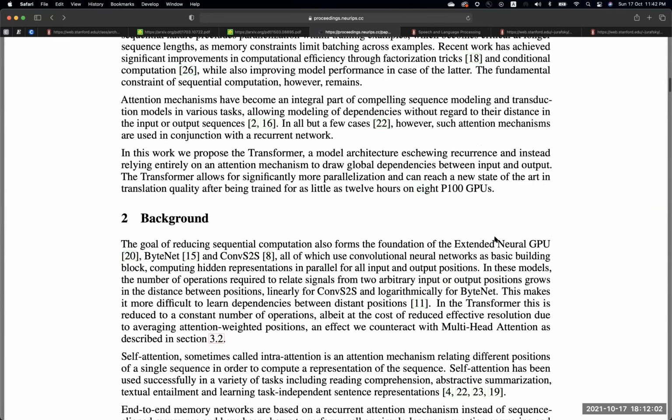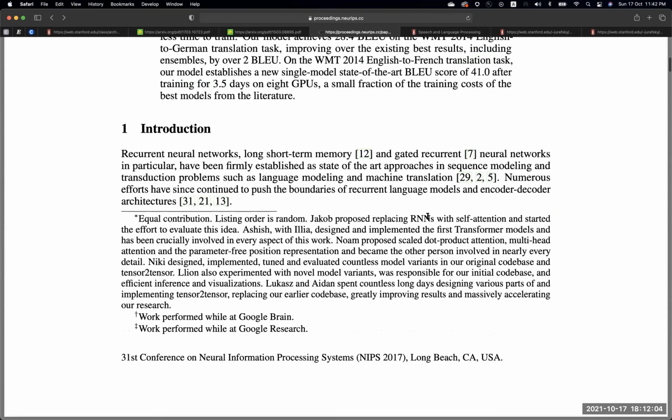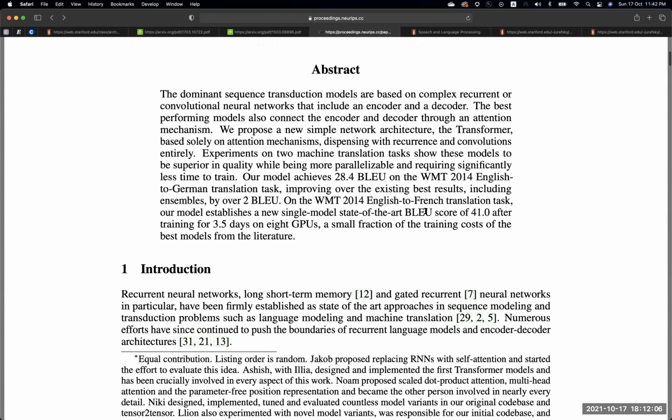They mentioned a state-of-the-art BLEU score of 41 after training for 3.5 days on 8 GPUs. So the training and computational resource requirements become bigger and bigger. Though it's running in parallel, it's huge.